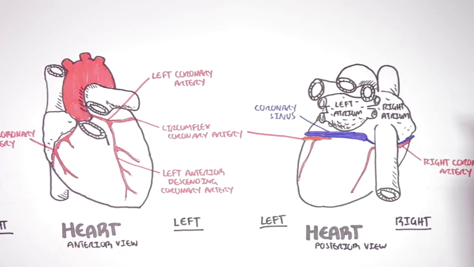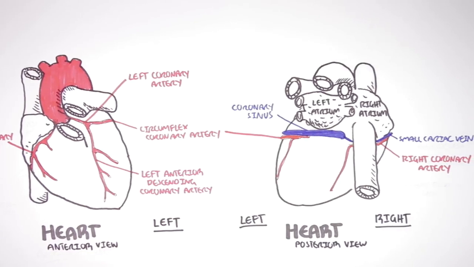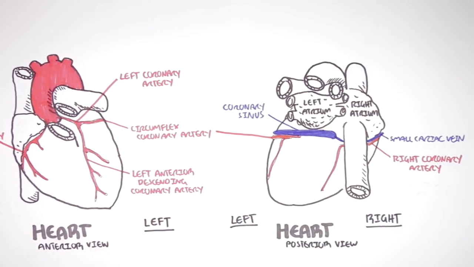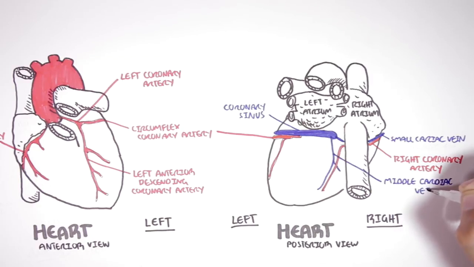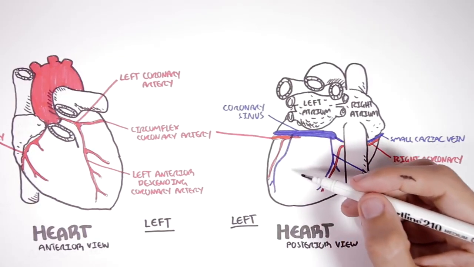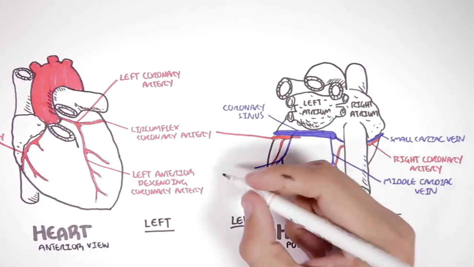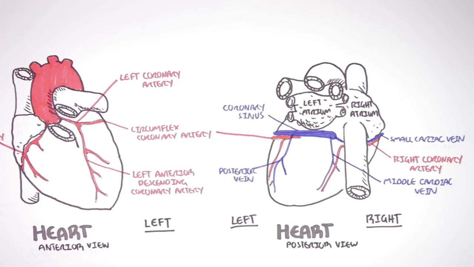You have the small cardiac vein from the right side of the heart joining with the coronary sinus. And then the middle vein from the right ventricle here joining onto the coronary sinus. We also have the posterior vein from the left ventricle joining onto the coronary sinus, bringing back deoxygenated blood to the right atrium.